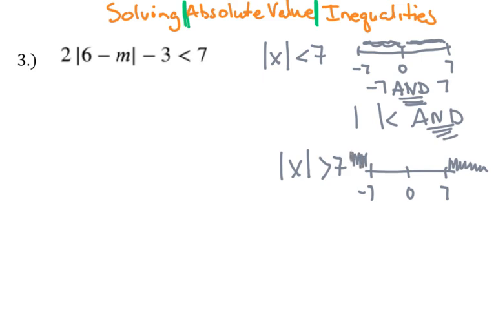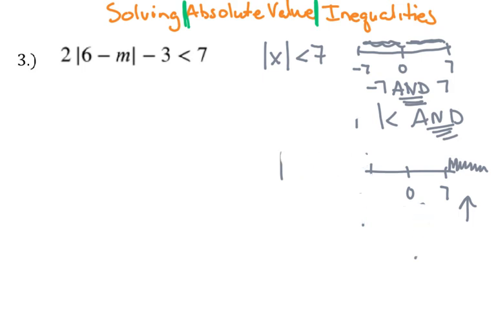So if, listen to my words again, we're talking about that shaded region, we can be either here or here, which means whenever we have a greater than absolute value problem and we write our two statements, we're going to use the word or.